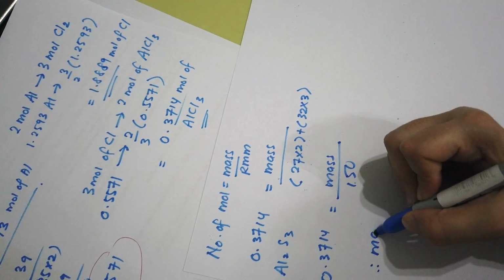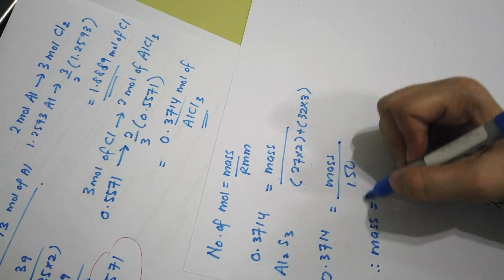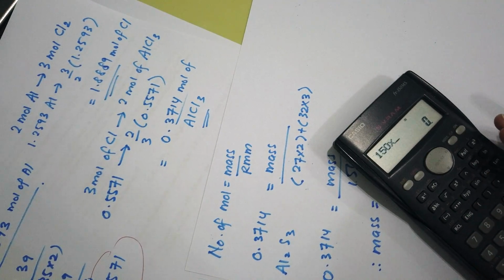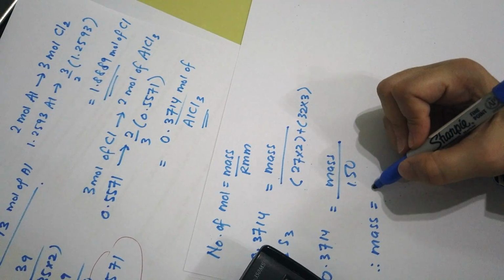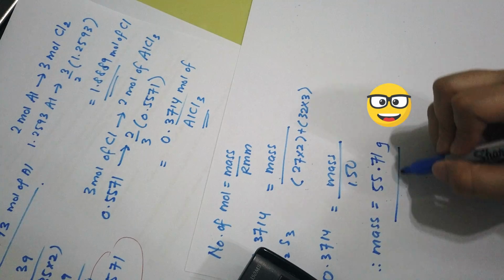Therefore your mass, you just need to bring this up, so 150 times 0.3714, so you should get the mass is 55.71 grams.